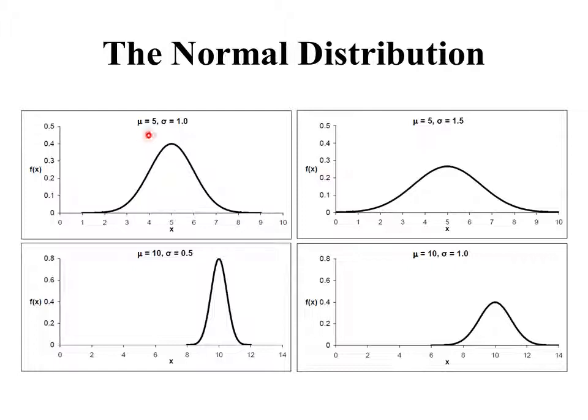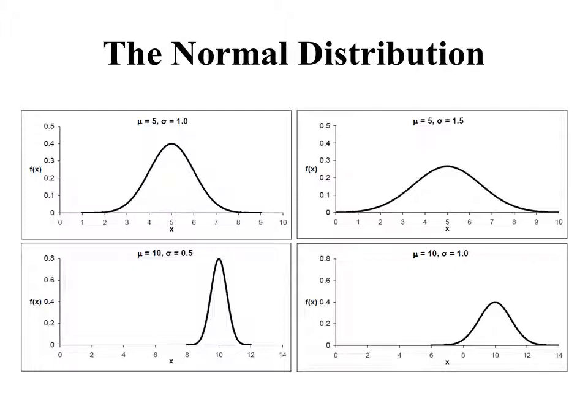But notice here in this one, the mean is 5, and 5 is at the high point of the bell curve. This one likewise has mean 5. That's right in the middle. This has mean 10. 10 is right in the middle. And this one also has mean 10. That's right in the middle. Okay, so we see that the bell curve is symmetric with respect to the line x equals mu.